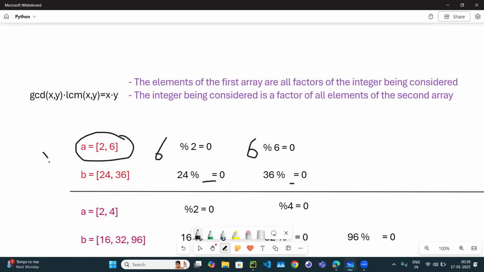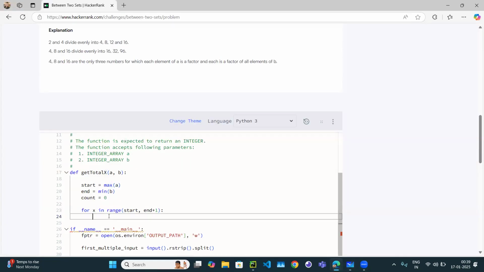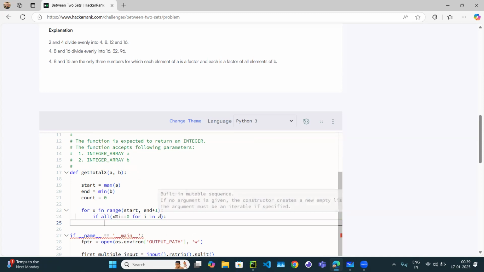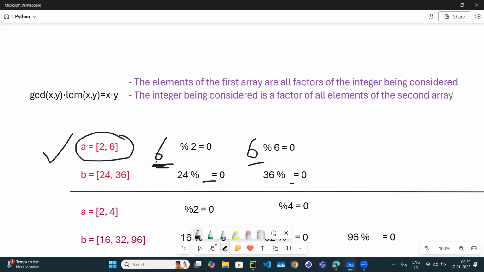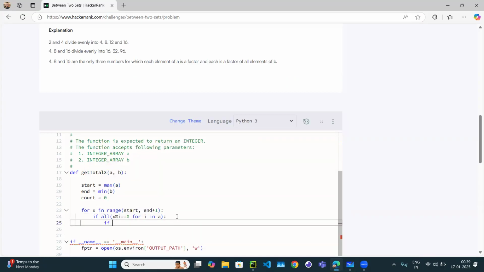I have to run a loop to check x divided by a particular number from the array a. So for i in a, if that gives me 0 for all the elements of a, whatever the number, let's suppose the first element is 6, if I put 6 divided by 2, 6 divided by 6, and everything gives me 0, then I am going to check the second condition.